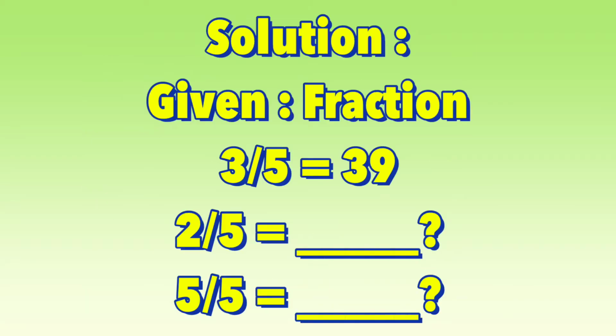Solution. We have to write down the given, and we will make two columns, one for the fraction and one for the fruits. The given fraction 3/5 equals 39 fruits, and 2/5 is the hidden part, and 5/5 is what is asked for in the problem, the totality of the fruits in a certain basket.